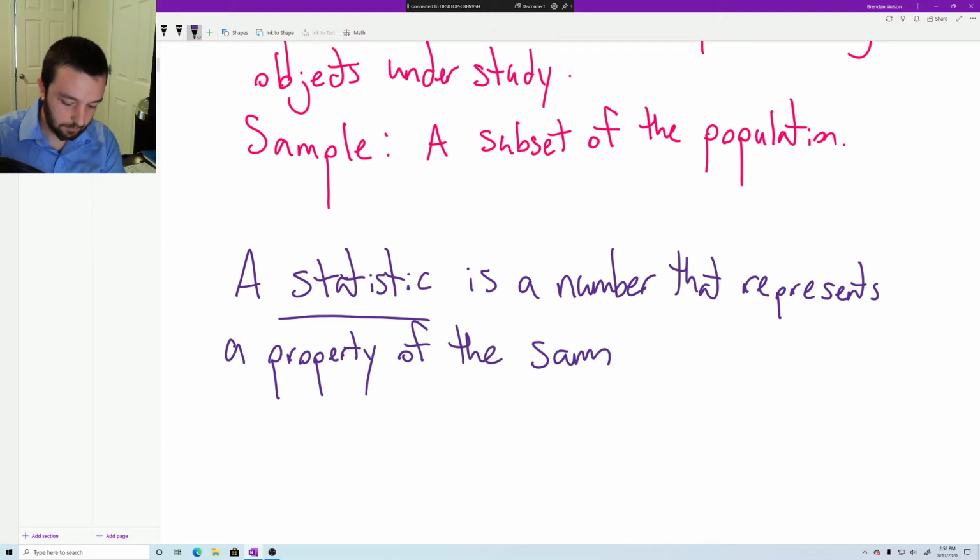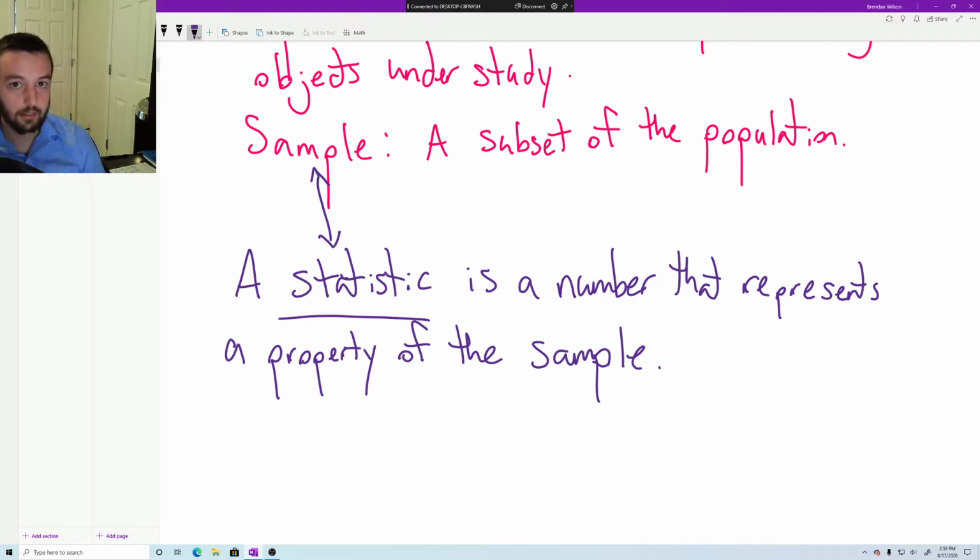Okay. So statistics and samples go together, right? Statistics are numbers that represent something about the sample.